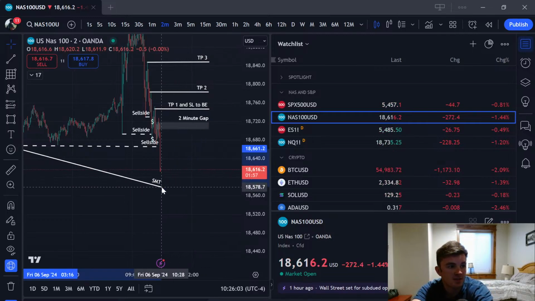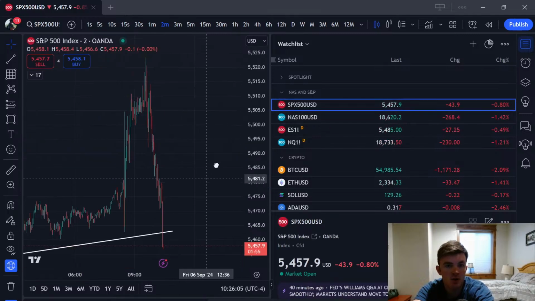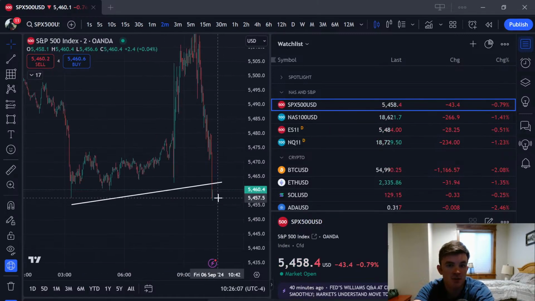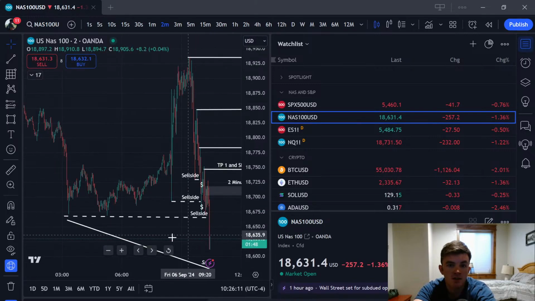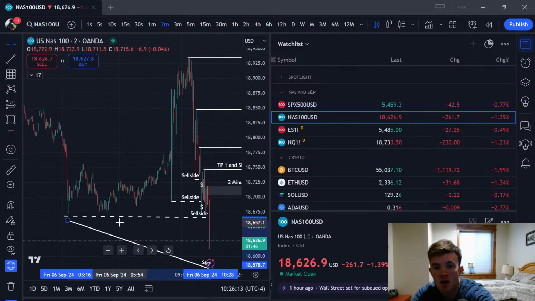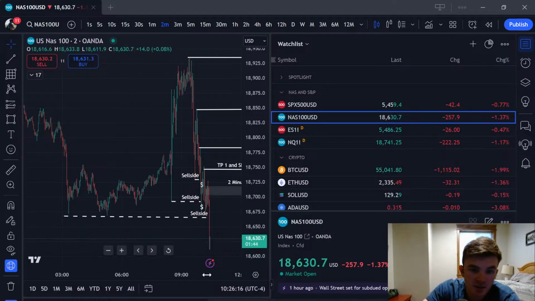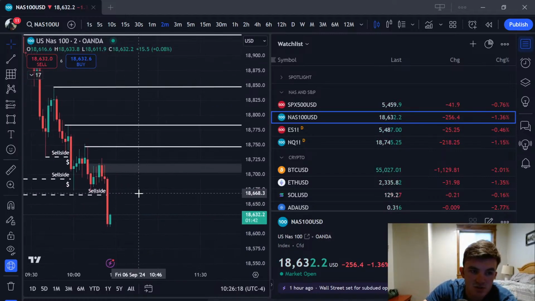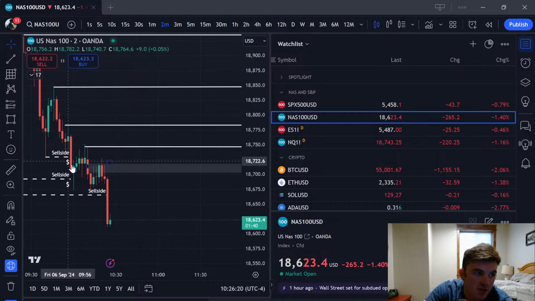Oh yeah, are we forming a new? Yeah, this SMT is no longer valid. Dang. Well, no trade. We never took a trade.